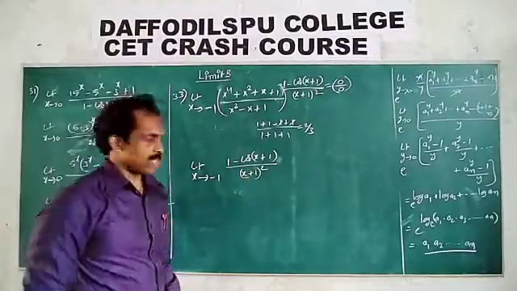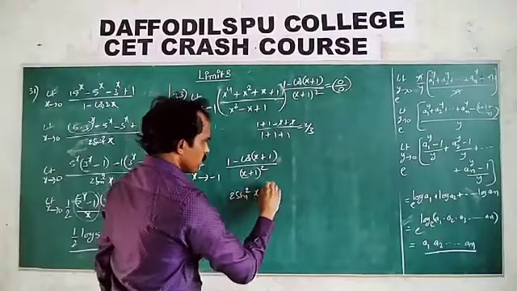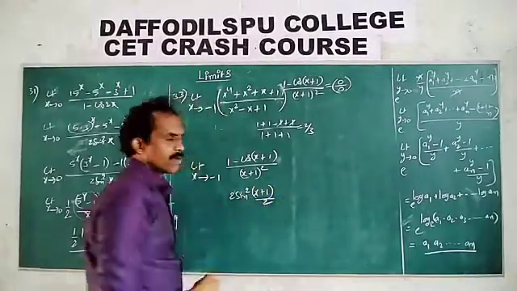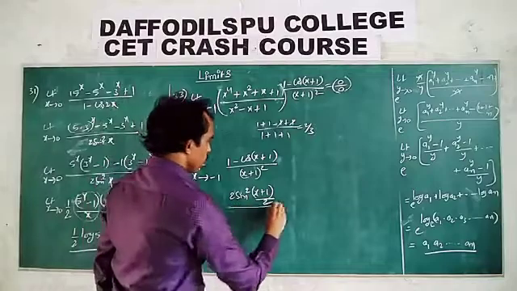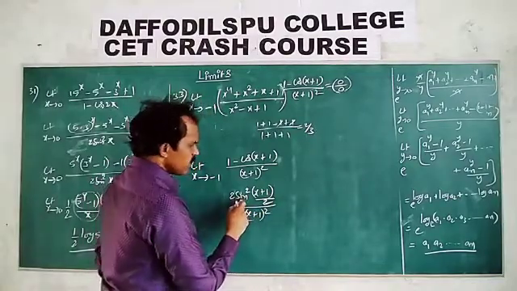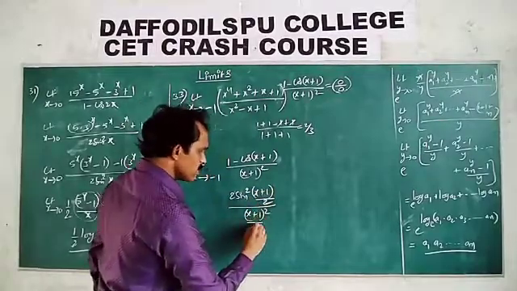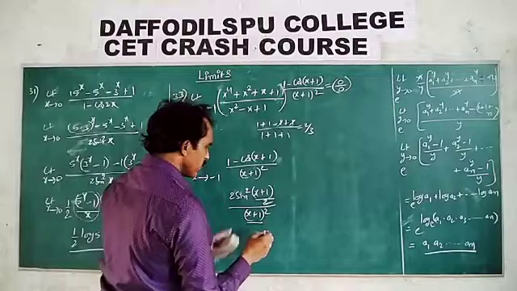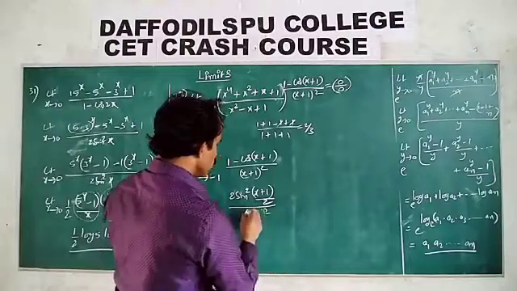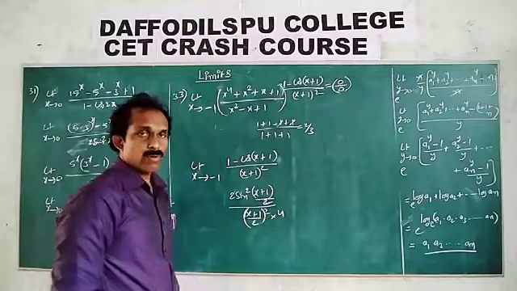Okay, 1 minus cos theta is 2 sin square theta by 2, cos 2x formula, divided by (x + 1) whole square. Sin square x by 2. So here also you want a square, divided by 2 whole squared, that is 4. So multiply and divide by 4.